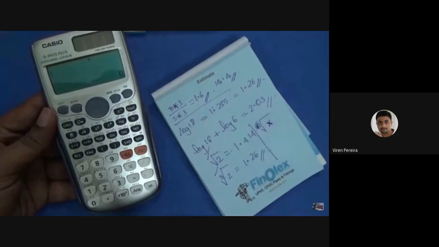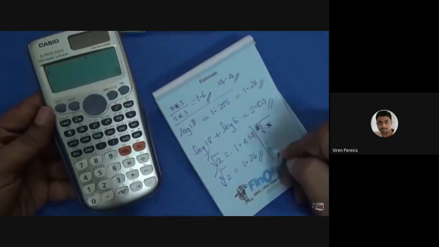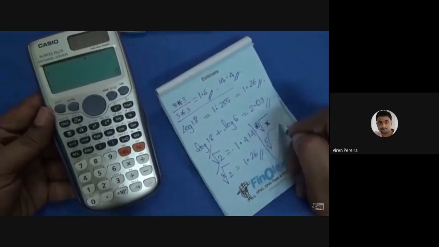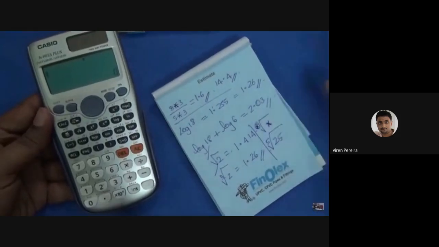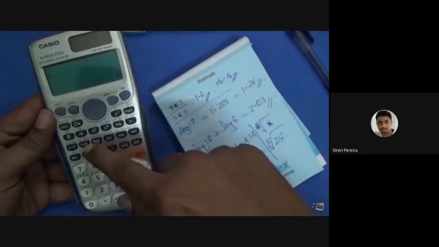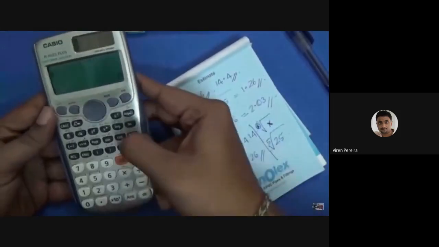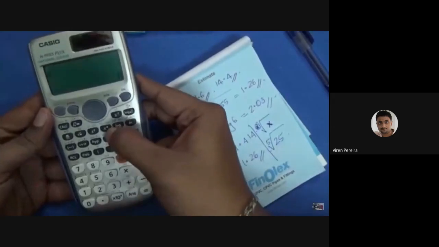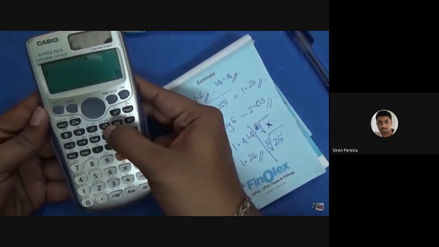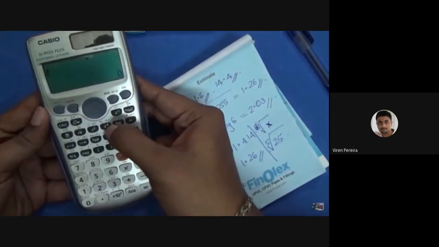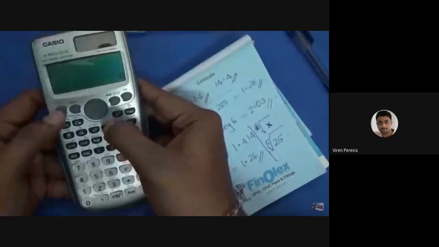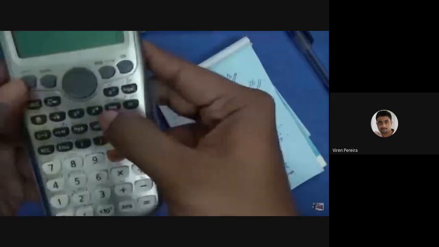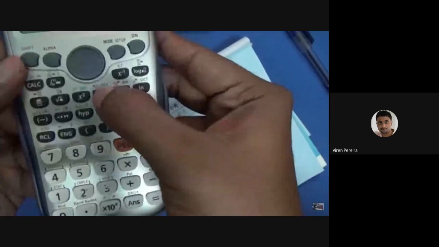So say it is 5 root and the value is 25. Now how will you input this? If you check here, there is another function near x raised to the power of anything. You can see here a root sign which gives you any value, which is highlighted in gold.